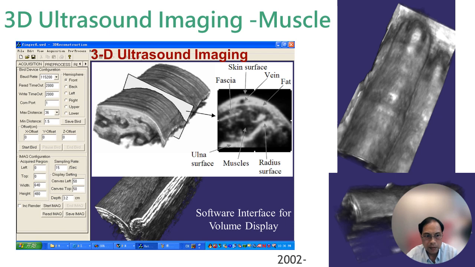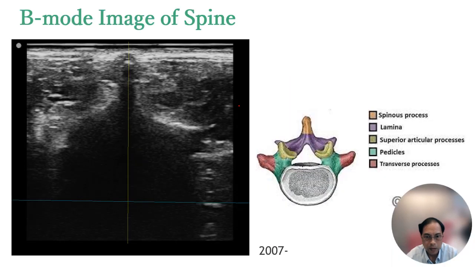My team has been working on 3D ultrasound imaging for the musculoskeletal system since 2002. In the very beginning, we focused on limbs and different body parts, and one of them is the spine.